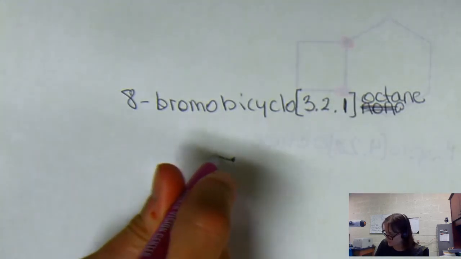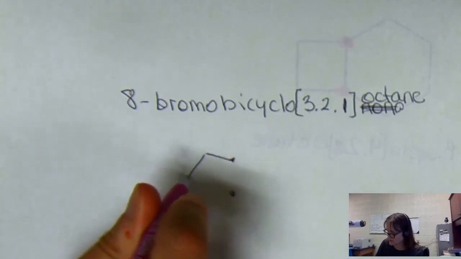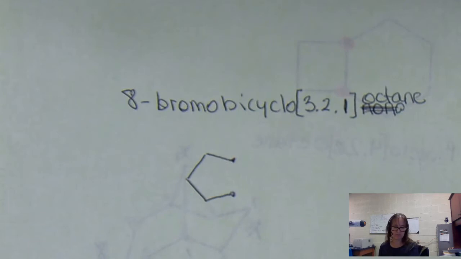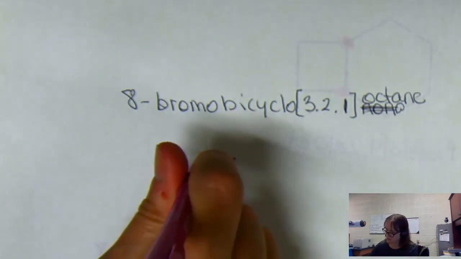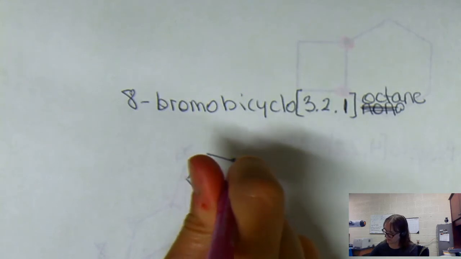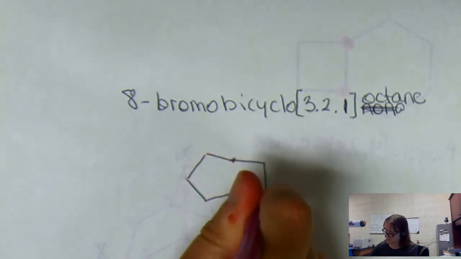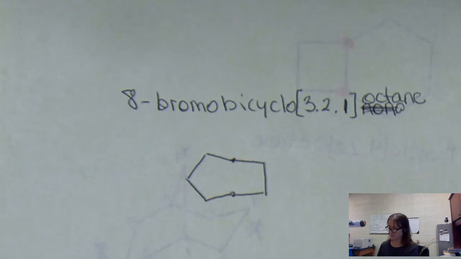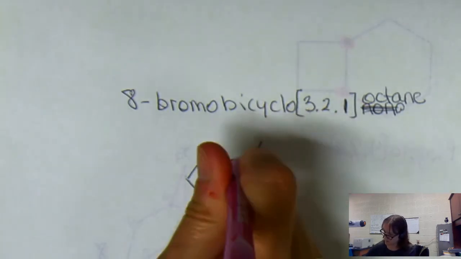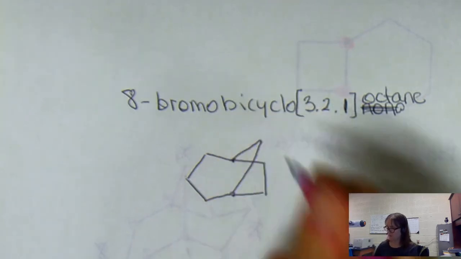You would go 1, 2, and there's 3, and then back. So that's 1, 2, 3. And then there are 2 this way. So that would be 1, 2, and then back. And then there's 1 in between. Like that.